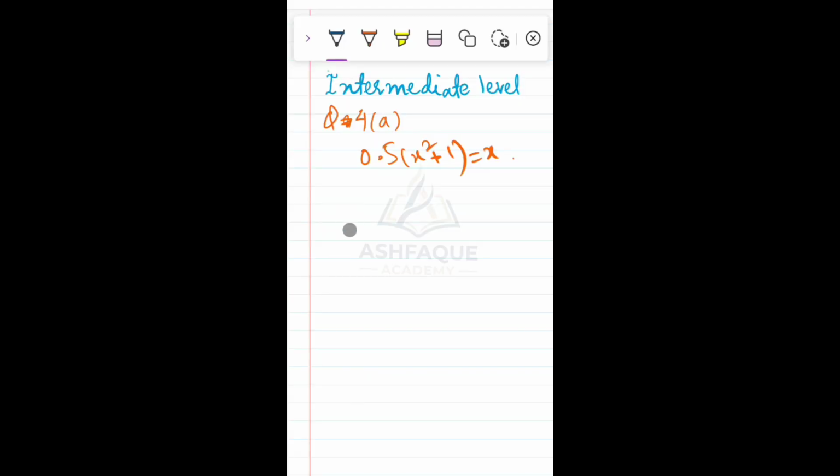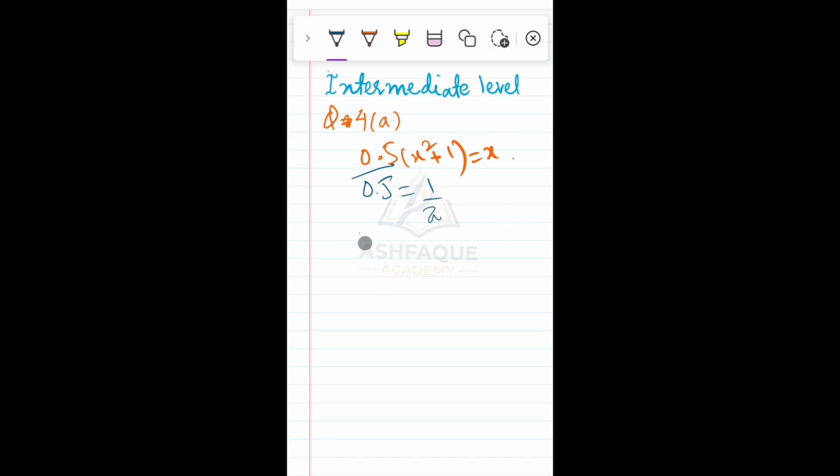Now we have another question, which is 0.5 into x square plus 1 is equal to x. This question seems a bit difficult, but it is not difficult, it is very easy. So what we will do, we will convert the decimal number into the form of a fraction. So 0.5 is equal to 1 upon 2.